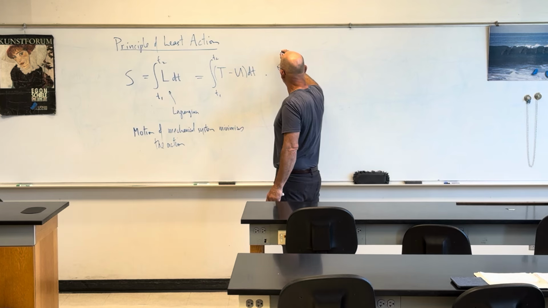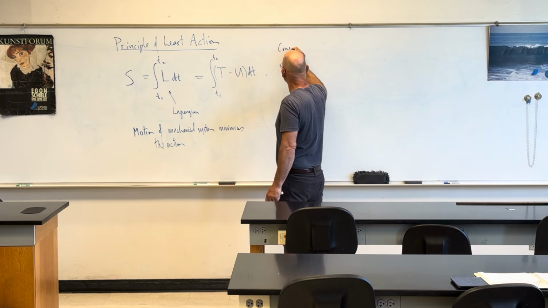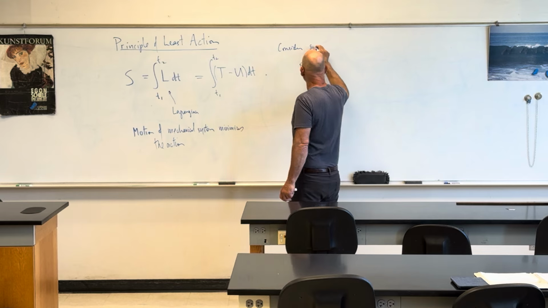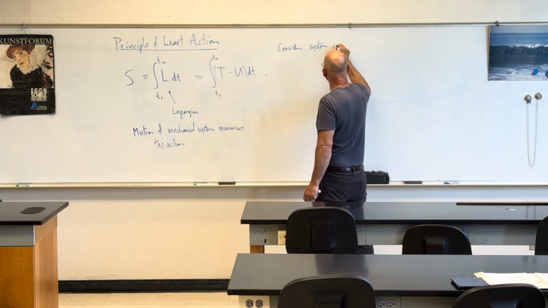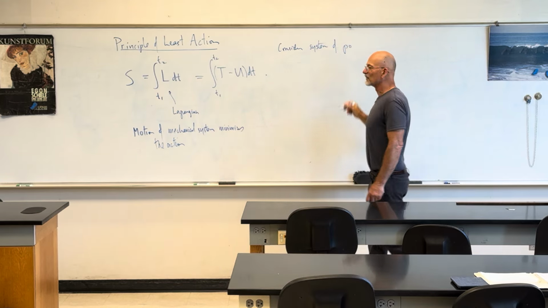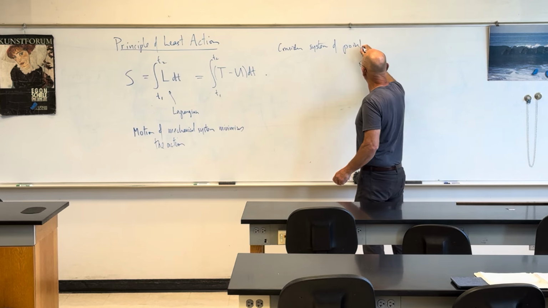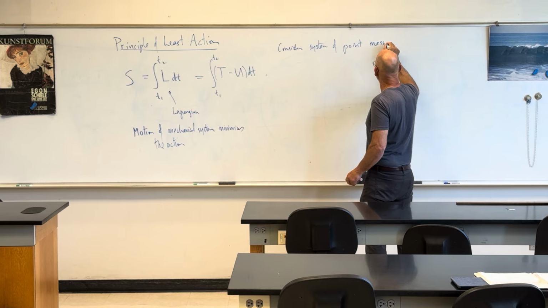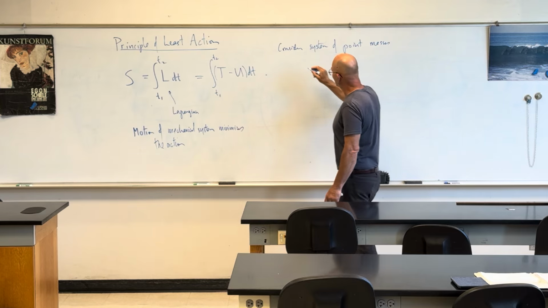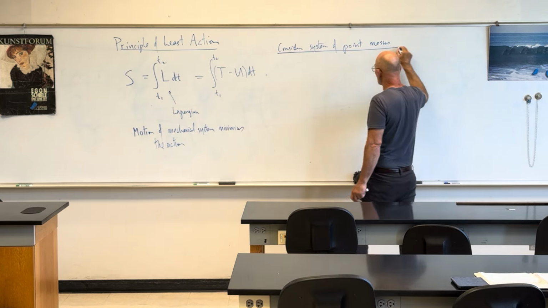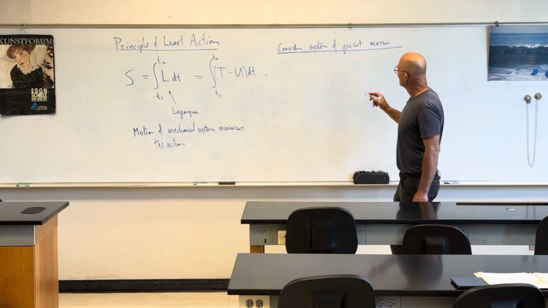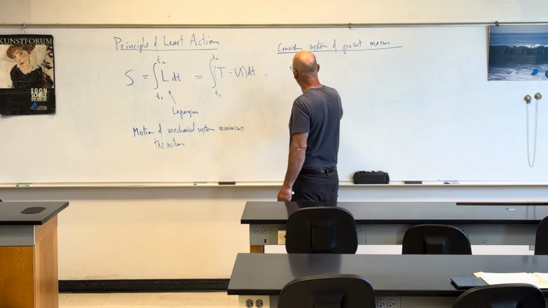So consider the basic system of point masses. Remember we ended up with multiple point masses last semester. It's going to be a conservative system, so it has a potential energy.